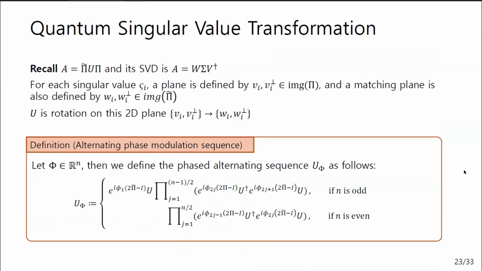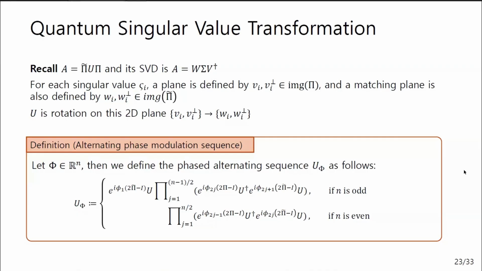Okay, then let's move on to QSVT. Recall that A is equal to pi tilde U pi, and the result of its SVD is A equal to W sigma V dagger. For each singular value sigma i, a plane is defined by vi and vi perpendicular, in the image of the projector pi.